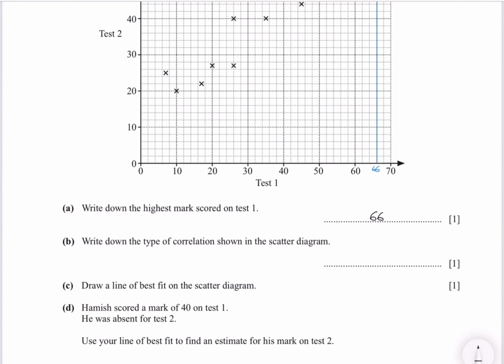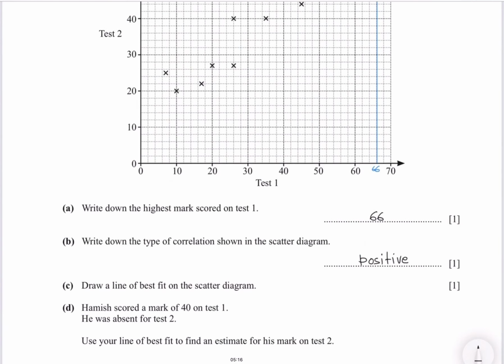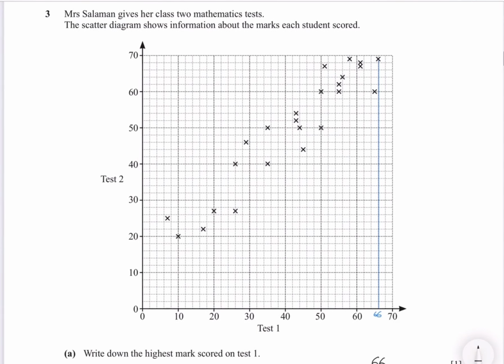Write down the type of correlation shown in the scatter diagram. So it is a positive correlation because these points are trending to the right side from lower to higher values. Draw a line of best fit.